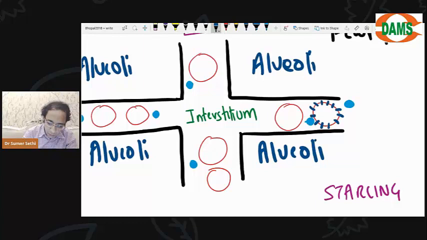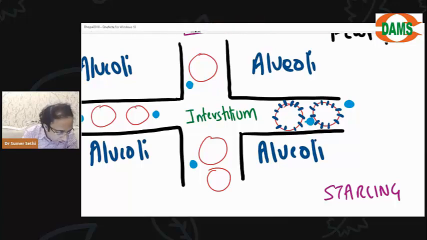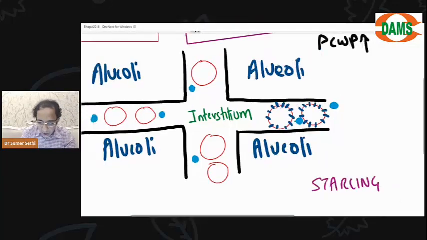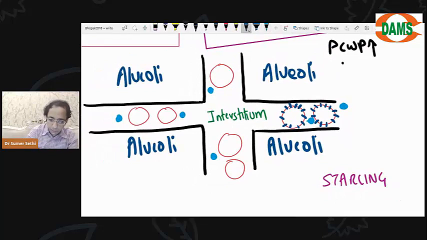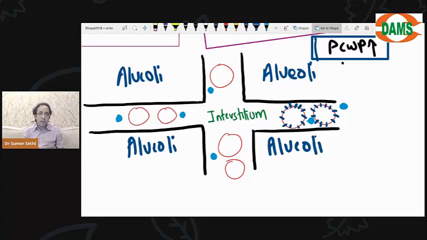It is a difficult concept, but listen to me. Do you agree that Starling forces say that if there is increased pulmonary capillary wedge pressure, the capillaries will start leaking fluid?